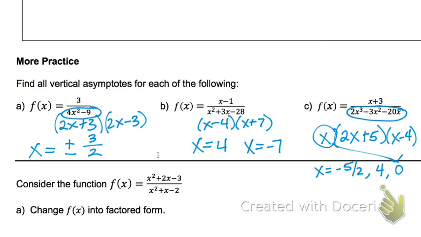So if I said x equals 0, that would mean the denominator equals 0. If I said x equals negative 5 over 2, that would mean the whole denominator would equal 0. And if I said x equals 4, if you plug all three of those values into this original one right here, you would get 0 on the bottom. That's what that's doing. That's why we factor it.